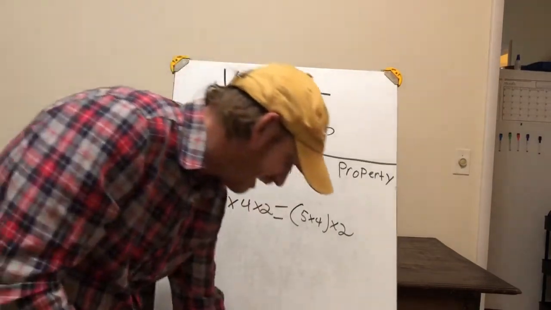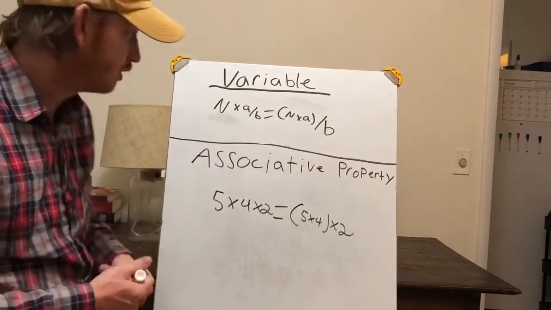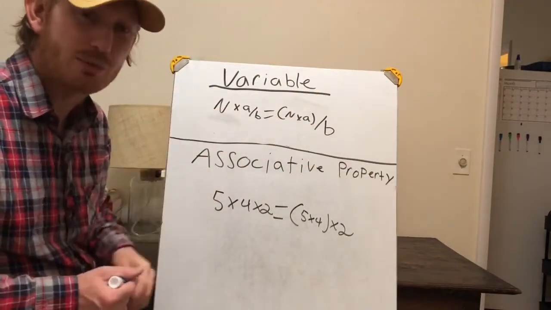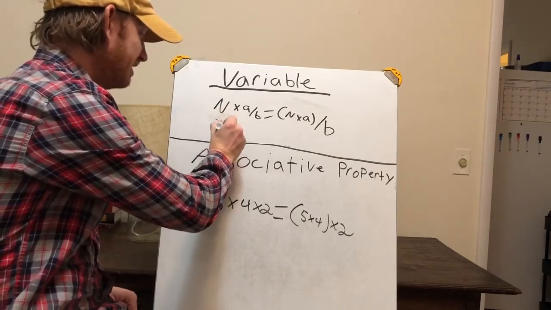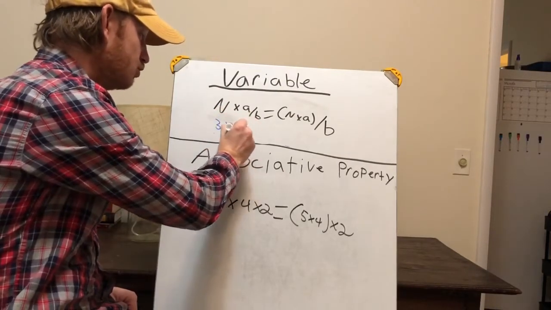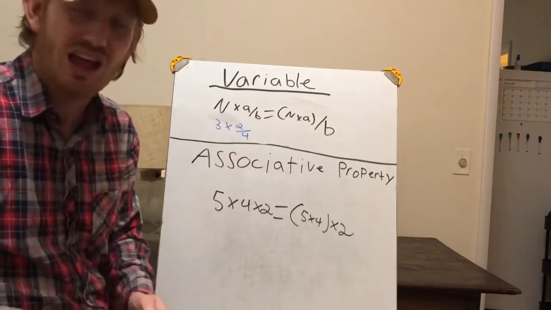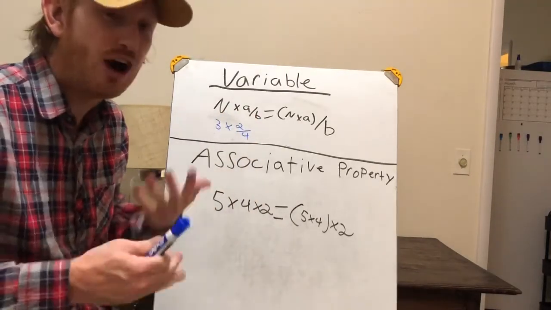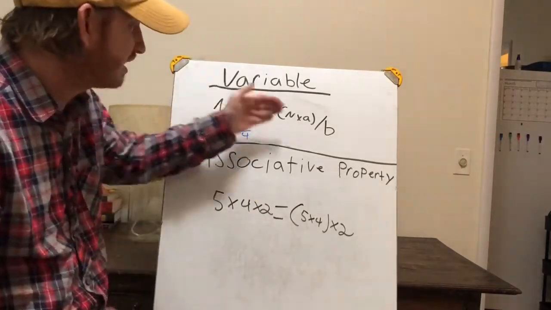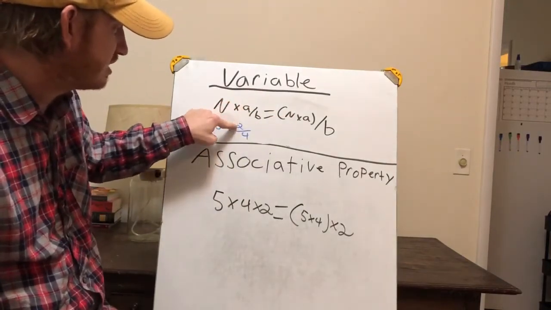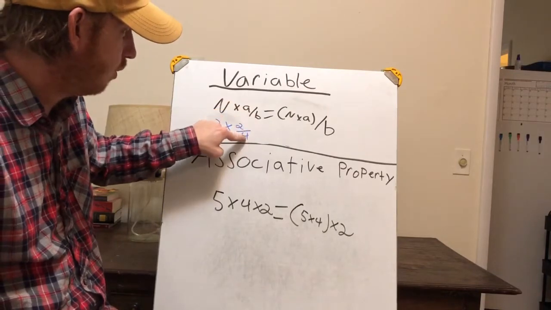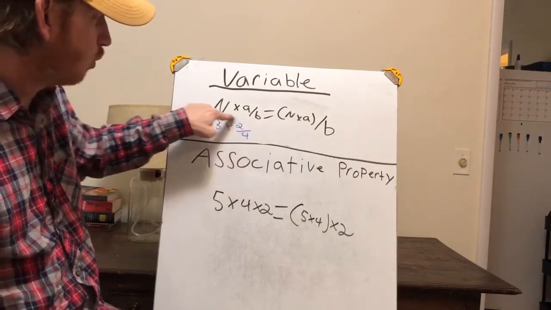But if I was actually doing a problem, these variables would be numbers. So for example, it could be 3 times 2 over 4. The variables are just there to help us know where things go. The n will be the 3, the a is the 2, and the b is a 4. And this is our equation.